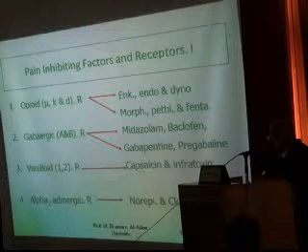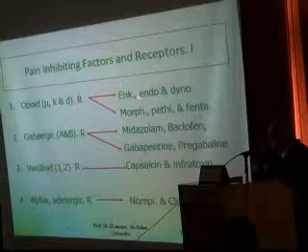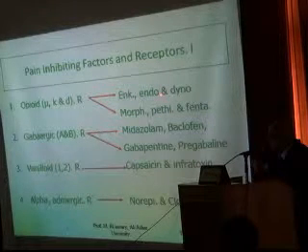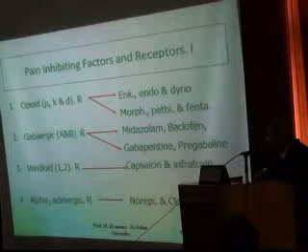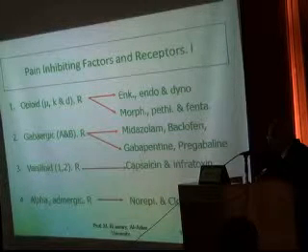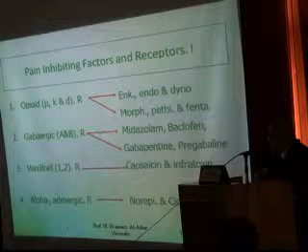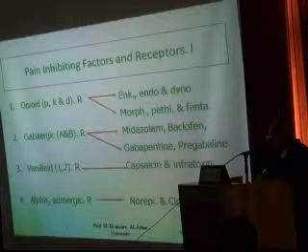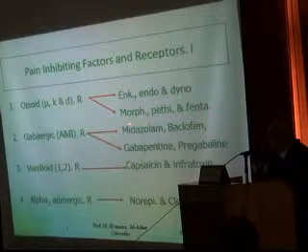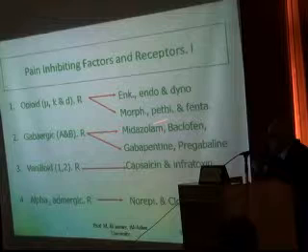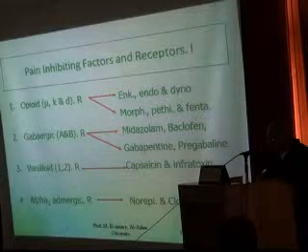Pain-inhibiting factors and receptors are on the other arm of the balance. We have the opioid receptors, mu, kappa, and delta, stimulated by the natural or endogenous ones: endorphins, enkephalins, and dynorphins, or by the synthetic group. You can't really say it is synthetic, but it is manufactured: morphine, pethidine, or fentanyl, which we can group as external or exogenous transmitters.